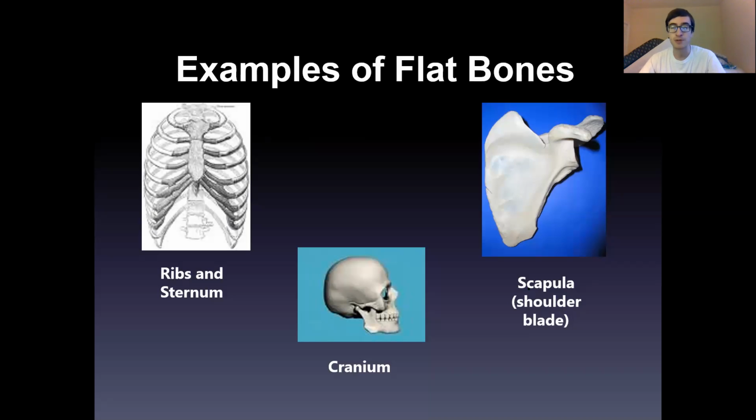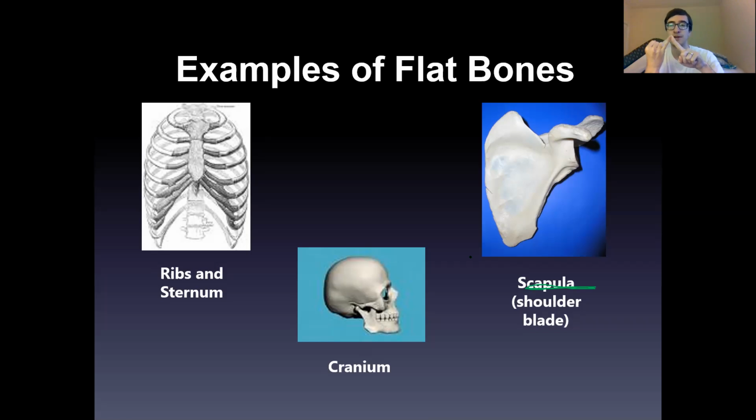And also your scapula, also known as your shoulder blade, right back here, is another flat bone. Like I said, the name gives it away. All these guys are pretty flat, don't have tons of marrow inside them, and are used mostly for protection of different important areas.